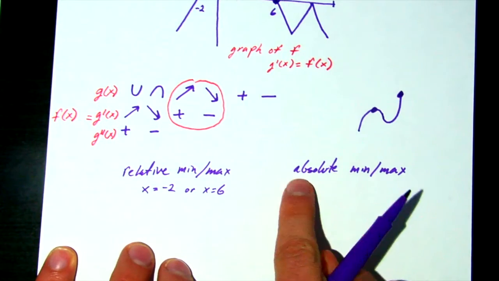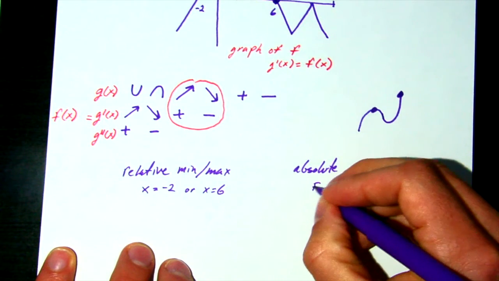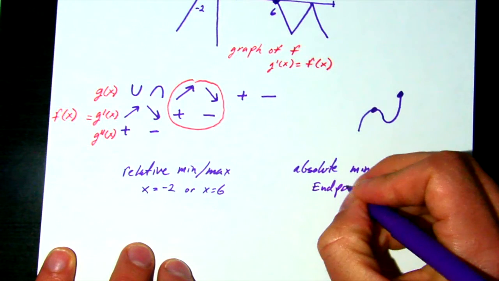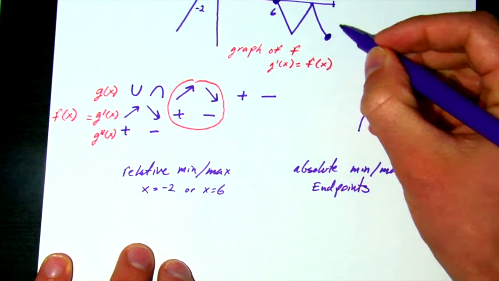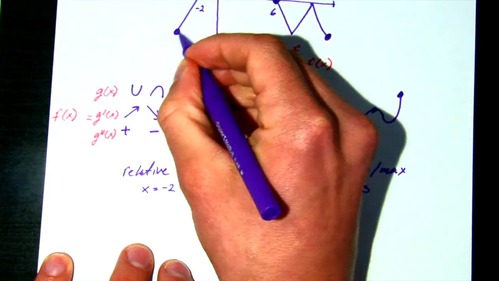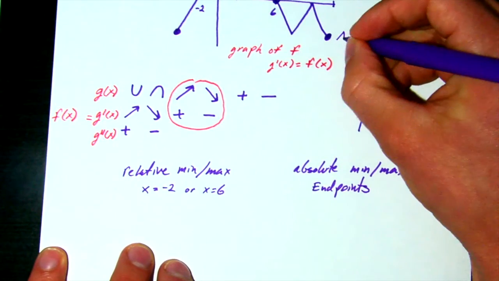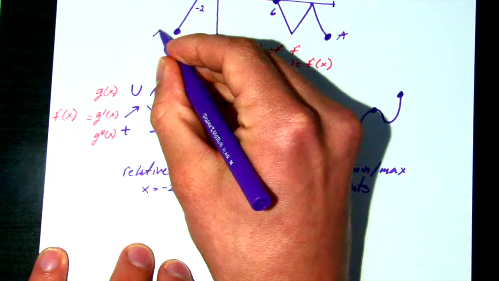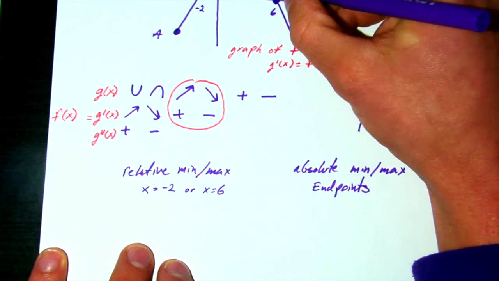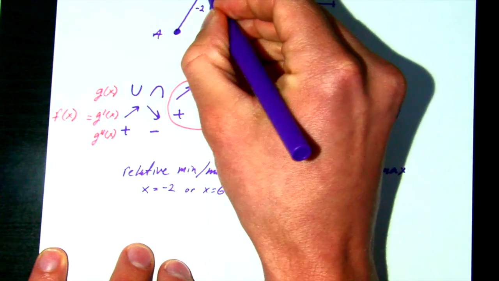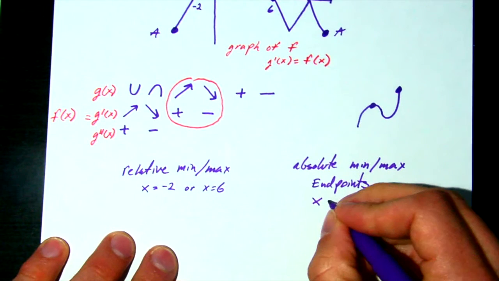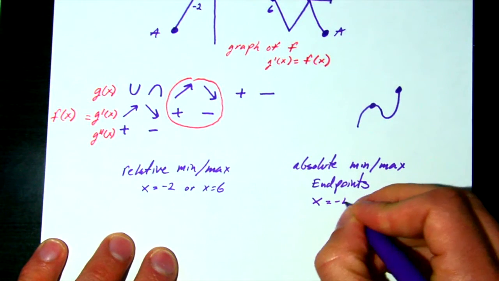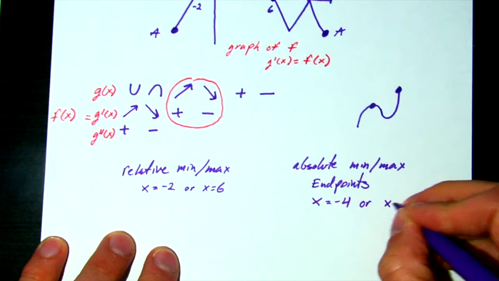So for absolute min and max, I have to check the endpoints. That happens at x equals 12 and x equals -4. So these are my absolutes, and these are my relatives. So that could be x equals -4 or x equals 12.